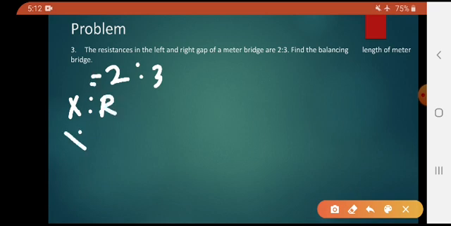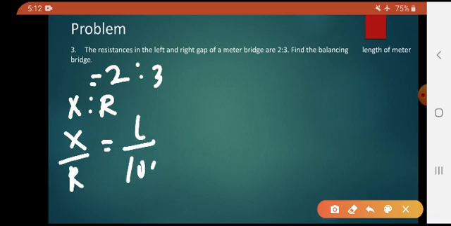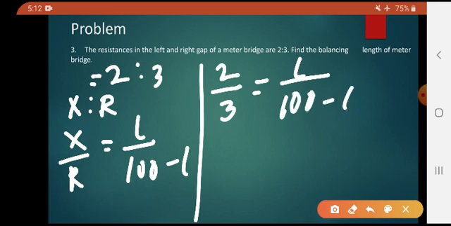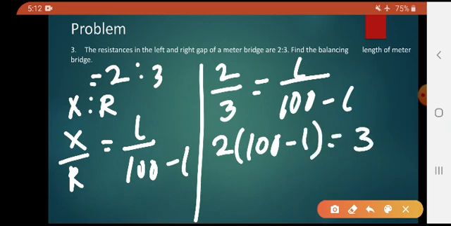You can write X by R equals L by 100 minus L. So X is 2 and R is 3. So L by 100 minus L, cross multiplication: 2 into 100 minus L equals 3L.